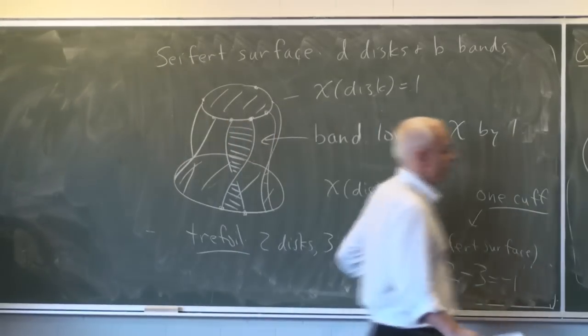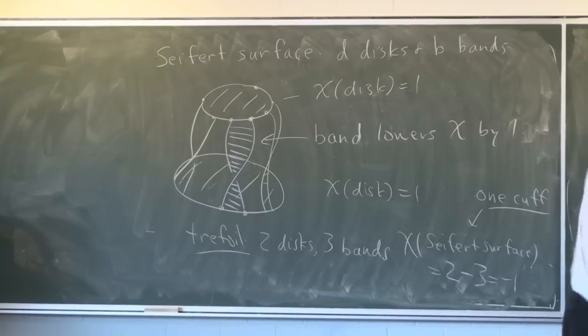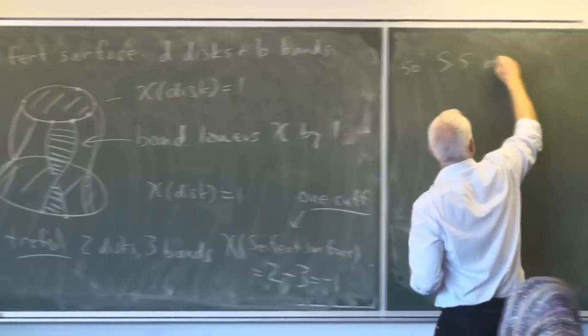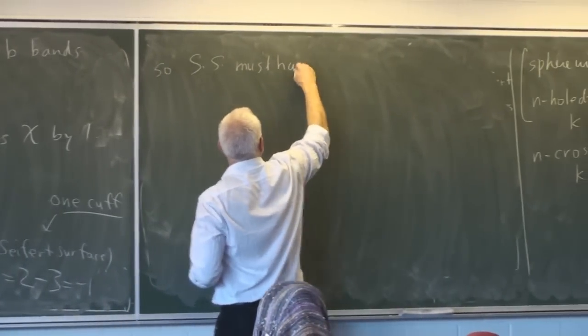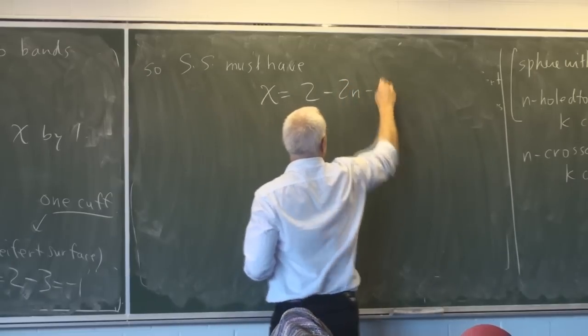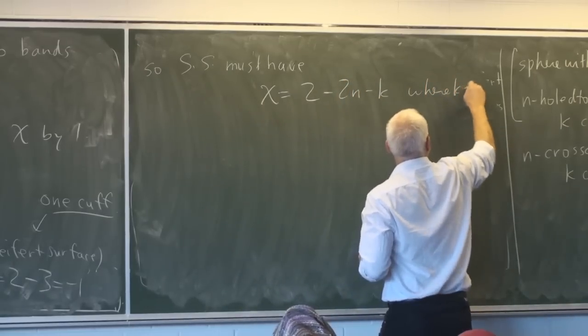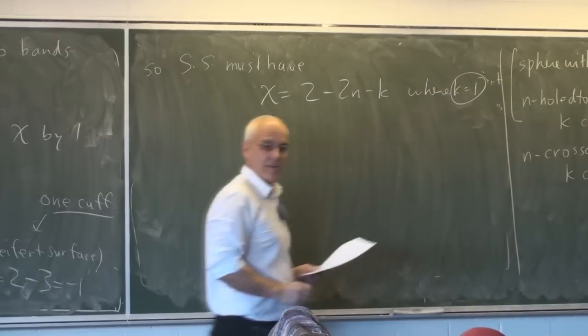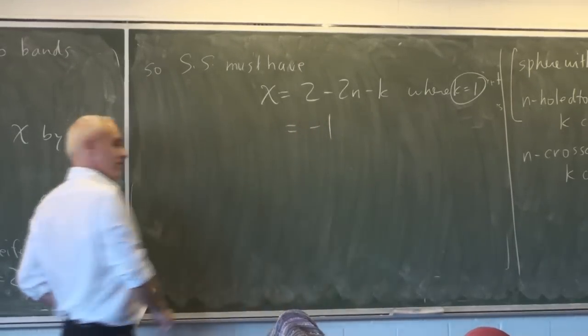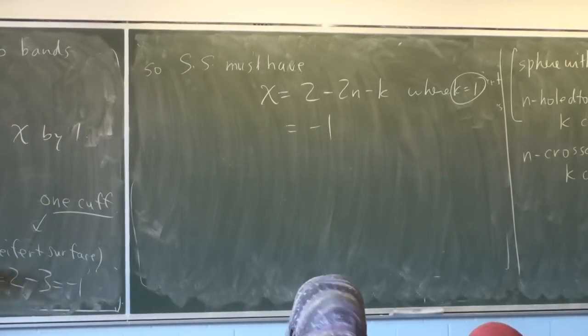And so the Seifert surface must have Euler characteristic equals 2 minus 2n minus k, where k equals 1. And that's got to be equal to minus 1 because we've computed it in terms of the number of disks and bands.